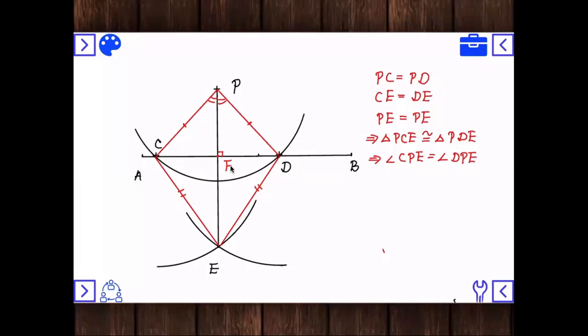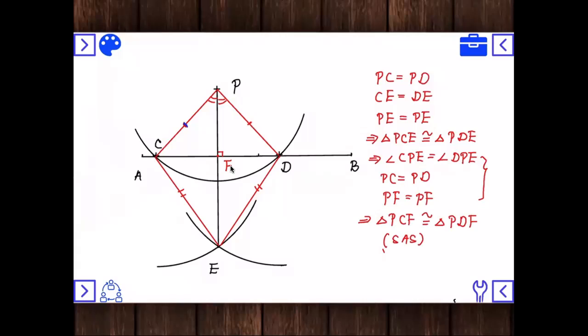And we know PC and PD are equal. And PF is equal to PF, right? So with these three pieces of information, we know that triangle PCF is congruent to triangle PDF because based on SAS, right?